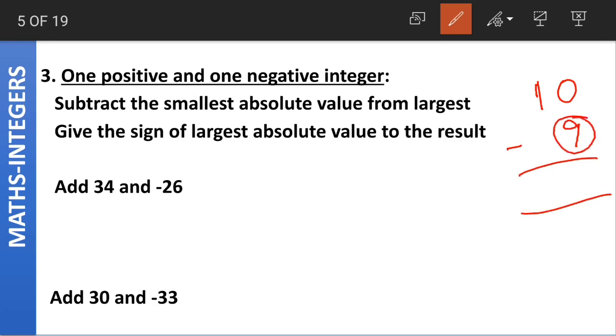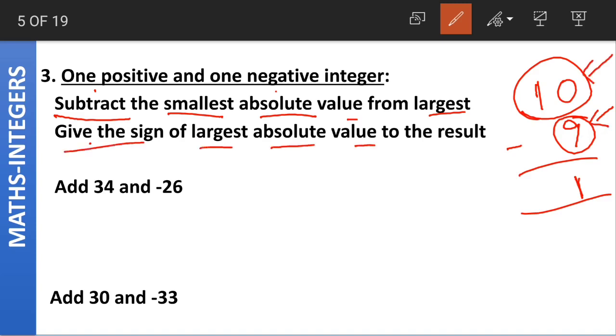You subtract 9, the smaller number, from the bigger number, 10, correct? 10 minus 9 gives us the answer of what? 1. Yes, in the same way, when one positive and one negative integer is given, we subtract the smallest absolute value from the largest. And what sign should we give? Give the sign of the largest absolute value to the result.